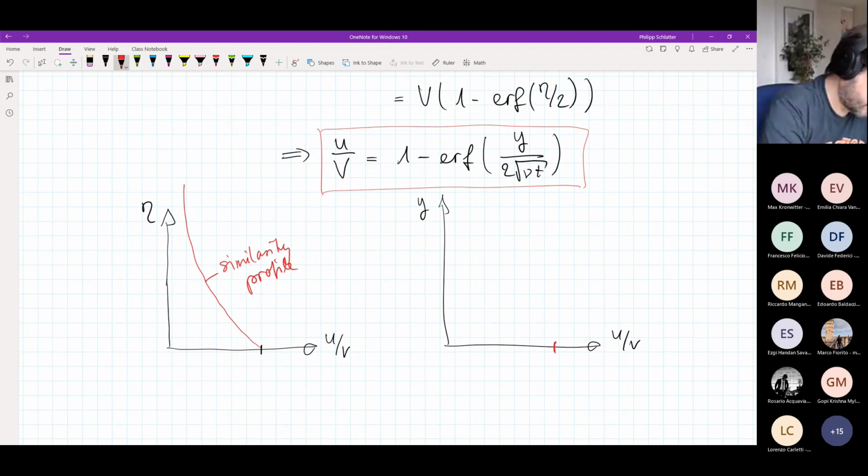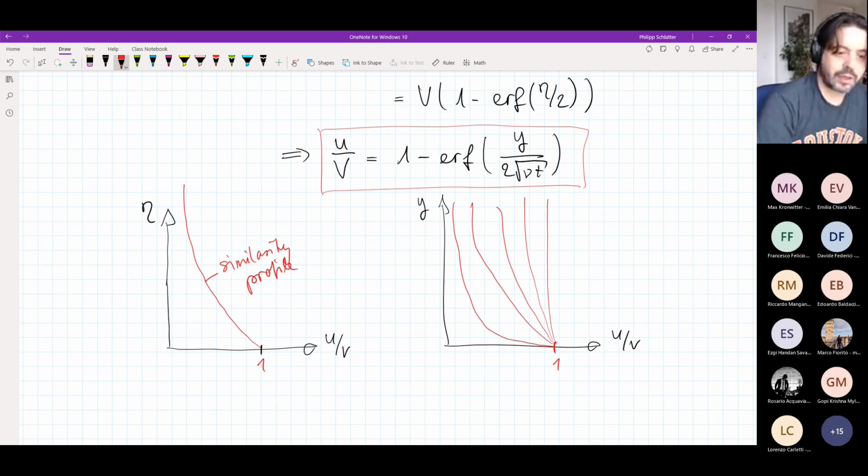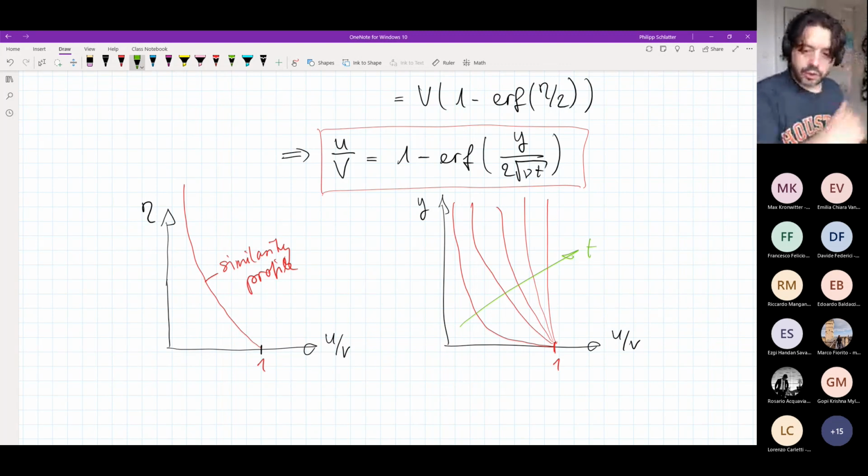If this is again the value of 1, where it starts, initially it looks like this, and then later it looks like this, and then like this. Again, this is my time dependence. My time would increase from a more full profile to one that is more constant, or more vertical.